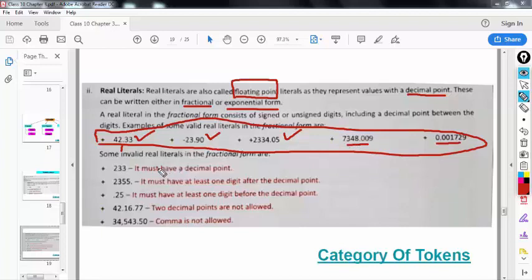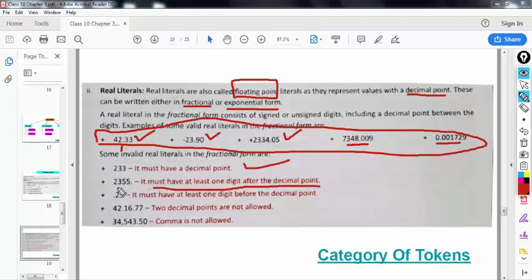So what are the points you must remember regarding real literals? It must have a decimal point. Because if you do not give a decimal point, it will not be a real literal anymore. It will be an integer literal. So that is why a decimal point is necessary. Second rule is that it must have at least one digit after the decimal point.